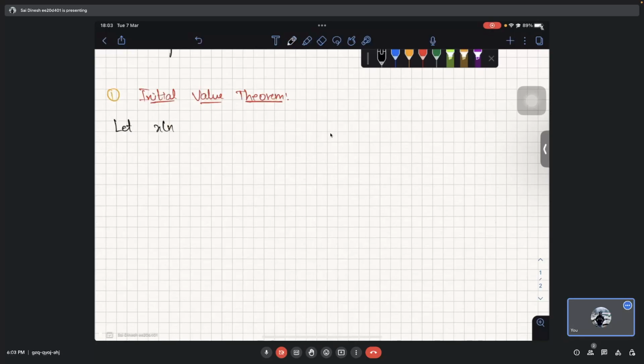So let x of n equal 0 for n less than 0. Then X of z can be written as x of 0 times z to the 0, x of 1 times z to the minus 1. Just write the general formula, which is the sum from minus infinity to infinity of x of n z to the minus n, where z belongs to a complex number.